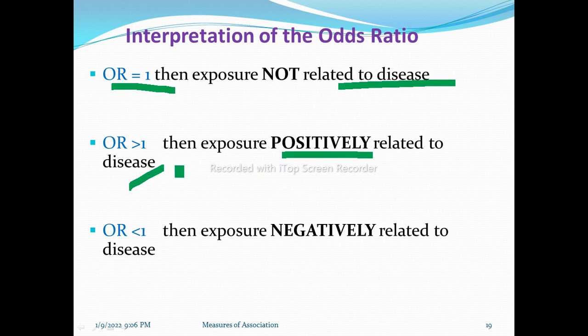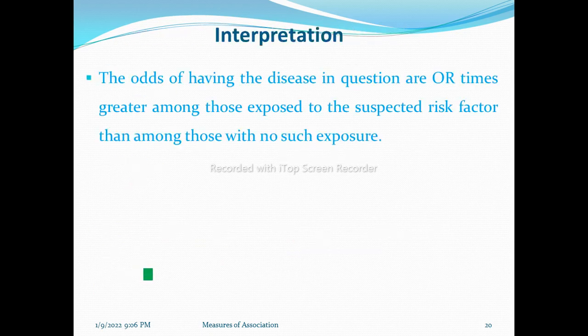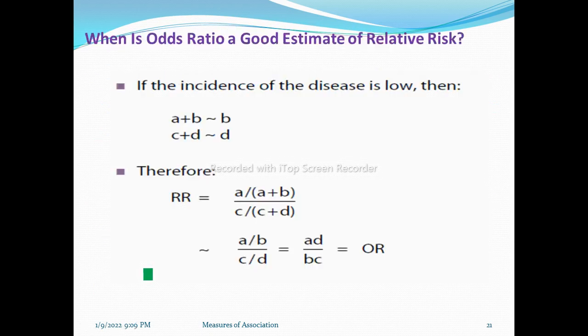That means they have a positive or direct relationship. So the risk factor or exposure will lead to the outcome. The other is odds ratio less than 1, then exposure is negatively related to disease. So this is all. Now we will go to interpretation.